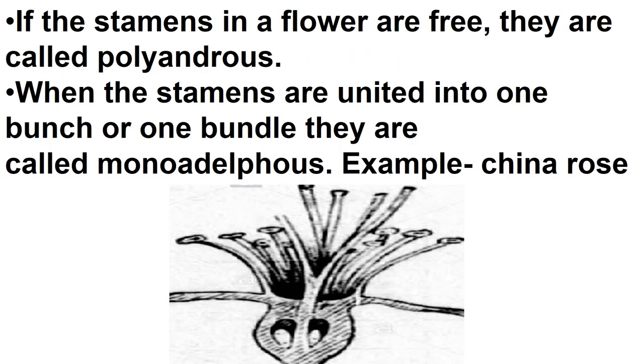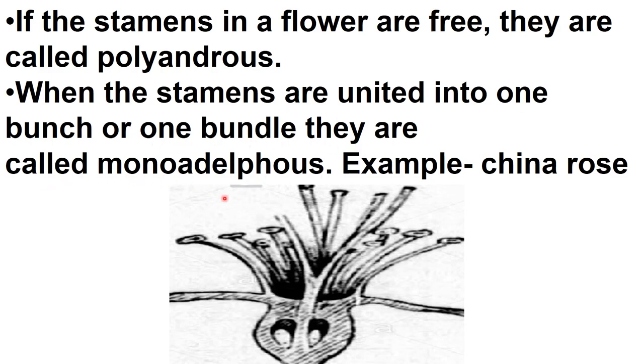Now if the stamens in a flower are free, they are called polyandrous. You see here in this diagram all these free stamens. Such a condition is called polyandrous. And when the stamens are united into one bunch or one bundle, they are called monoadelphous.